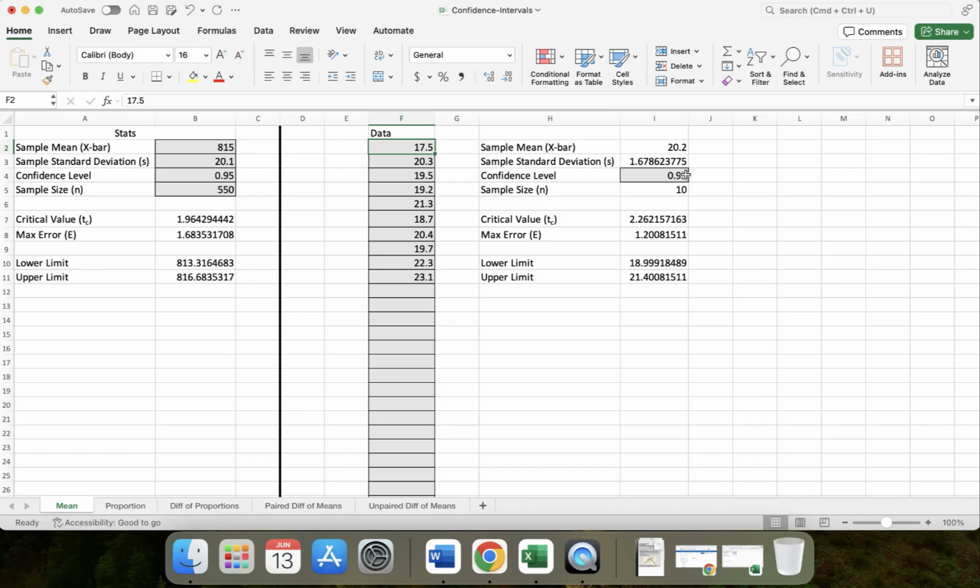And 95%, this one here, that's good. It calculates for us our lower and our upper limit, which I'm going to write down. So lower limit, I'll do three decimal places, 18.999%. And our upper limit is 21.401%.